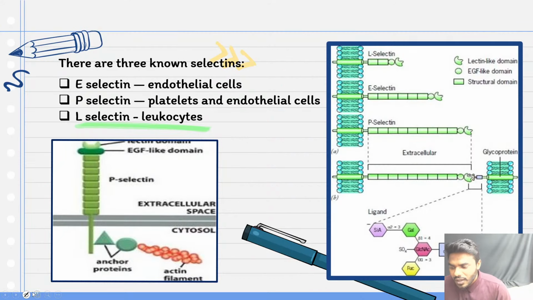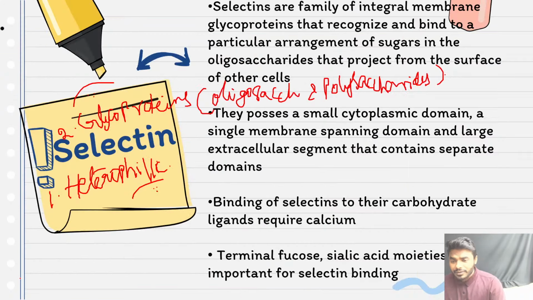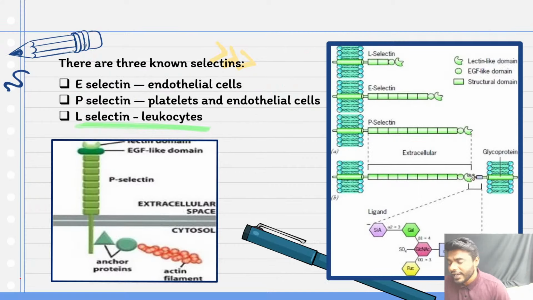Now friends, I hope you remember that when we were reading cadherin, we remembered one common point. What is that? Cadherin has three domains: extracellular, transmembrane, and cytosolic domain. There is no doubt about that. Selectin also has exactly three types of domain. You can see here.